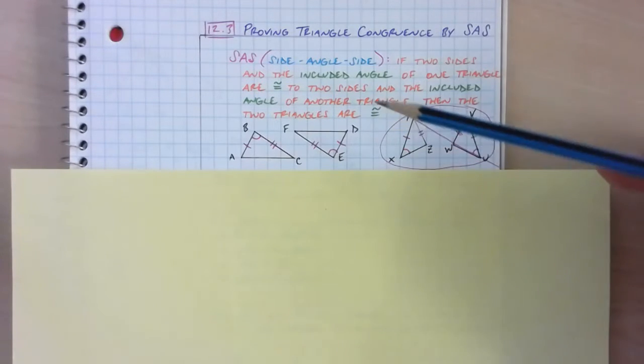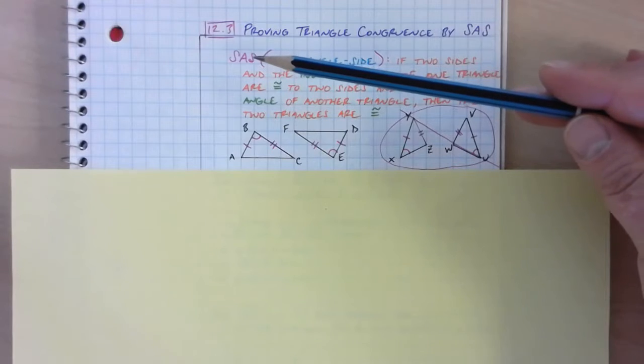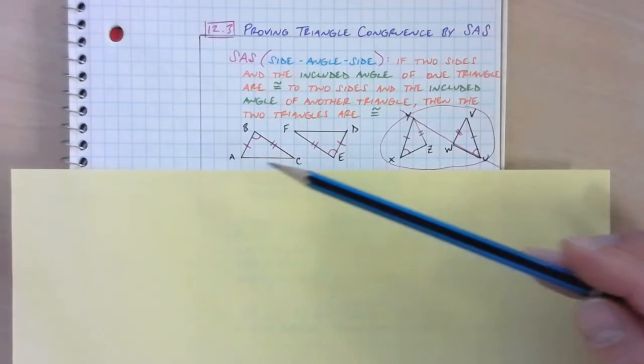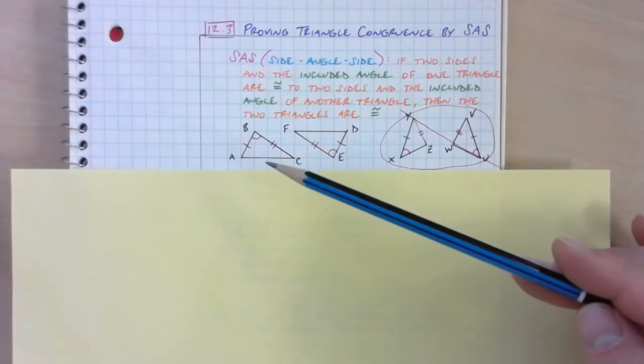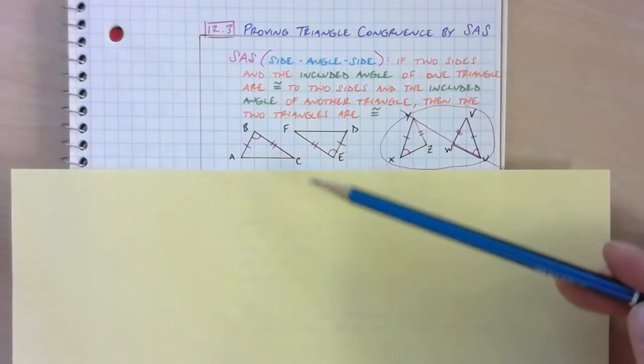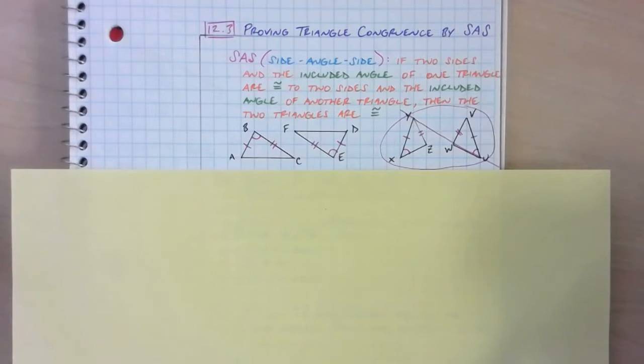Basically, if I can show that two sides and an included angle between two different triangles are congruent, then that's not all the information, but that's a minimum amount of information that I can show that everything else must also be congruent to everything else in the two triangles.